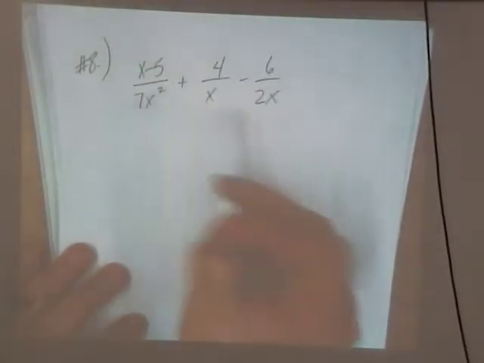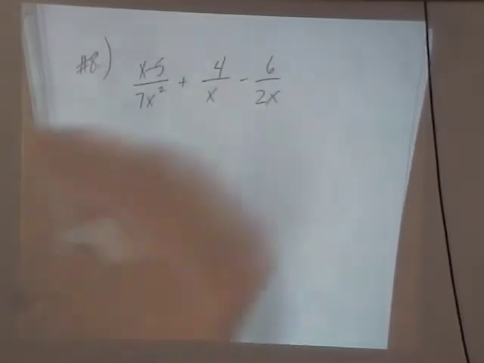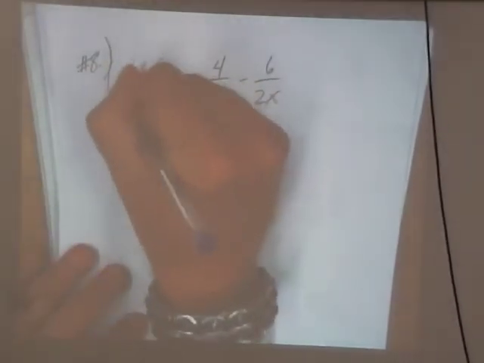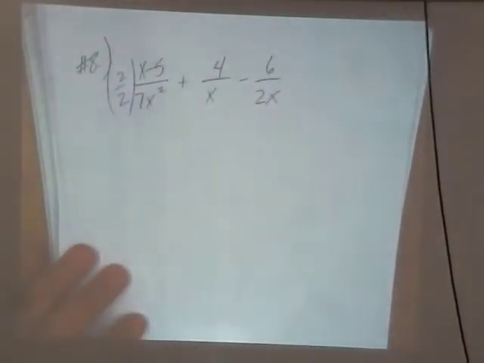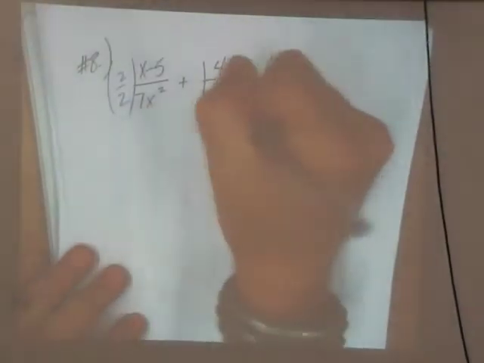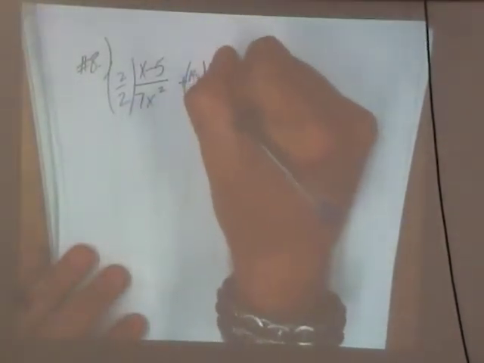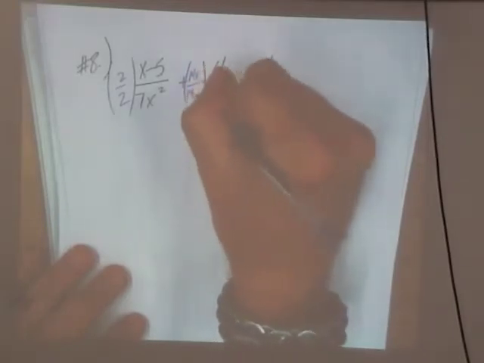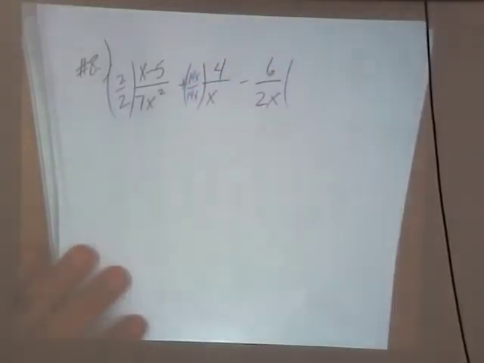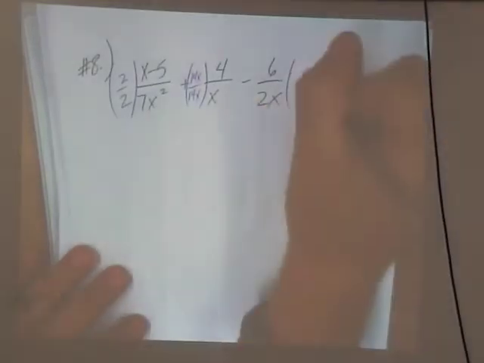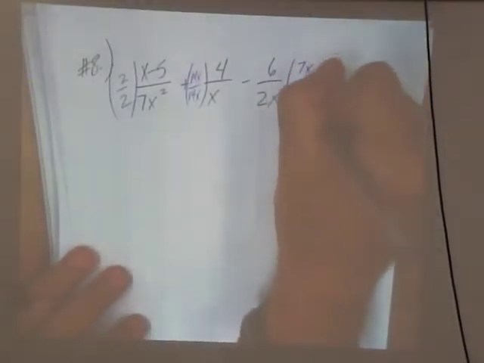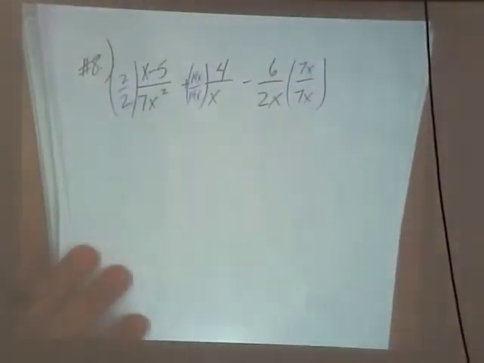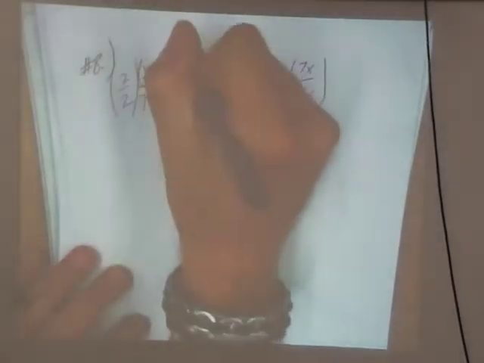First denominator missing that the other two have? 2. How about the second denominator? What's it missing? 14. And the last one? 7x. All right. Don't forget to distribute.